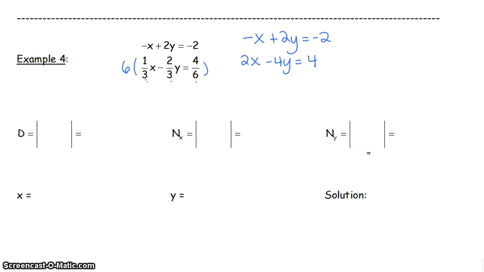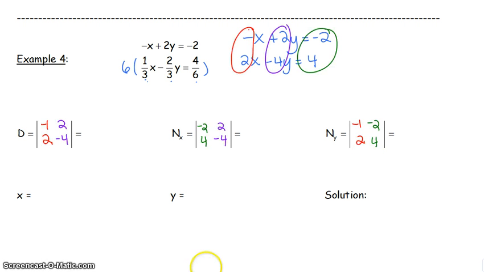Press pause. When you're ready, press play. Alright, looking at our D matrix, remember it's the x coefficients, the y coefficients. Our n of x, we replace x with our solution, but we keep our y's. Your n sub y, you keep your x's, but you replace your y's with the solutions. That's going to be the pattern every single time.